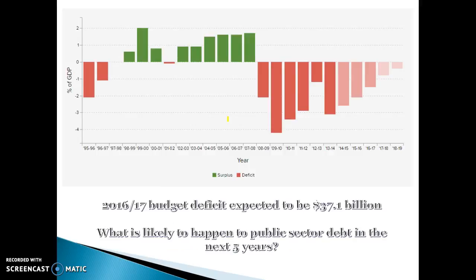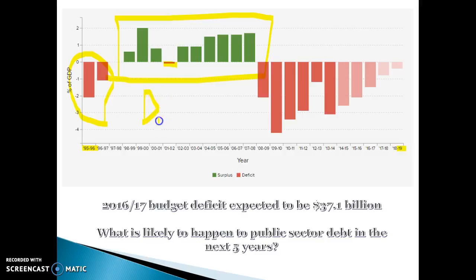So here's what's happening with our budget in the last 25 years or so. Basically we ran deficits all the way up to 97, 98. In the Howard and Costello years, we ran a period of around 10 budget surpluses in a row with one slight blip. And basically during that period we were able to eradicate our debt.